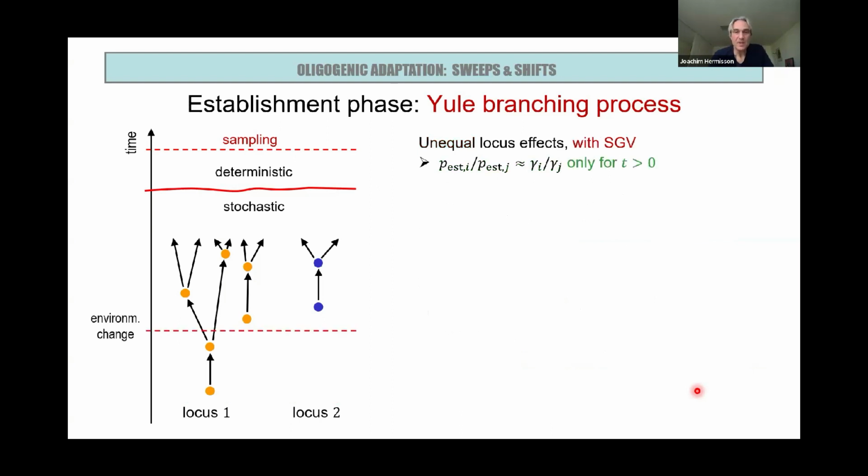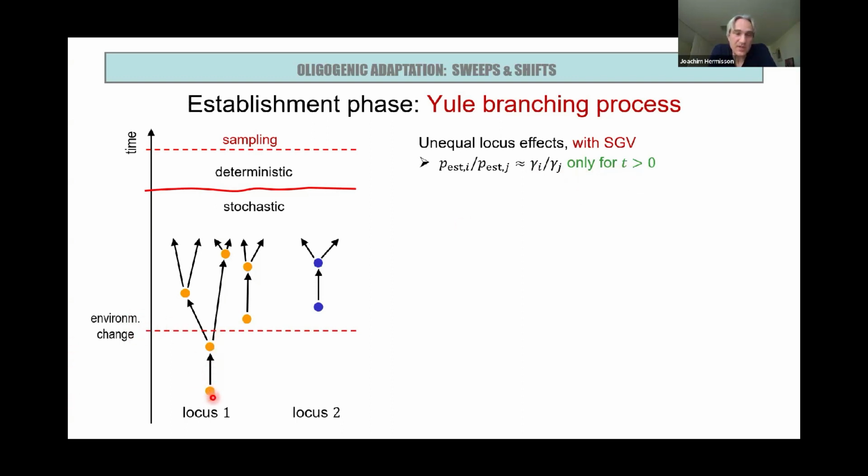Good. But remember, so far we have ignored standing genetic variation, and we did this for a good reason. This ratio of establishment probabilities is given by gamma_i divided by gamma_j, and is independent of time, which is the important thing here. This only holds for t larger than 0, where t_0 is the environmental change.